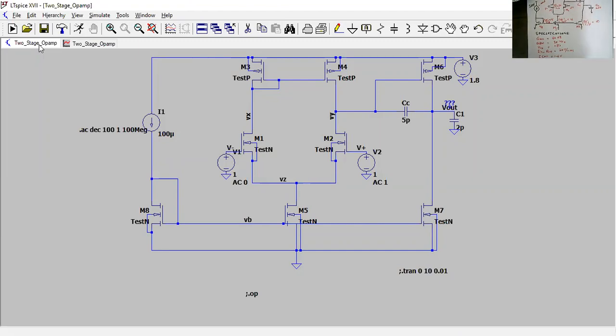If you start from random, just placing the circuit and trying to plug in any values of transistor width and length, you might be able to reach the required specification, but it will be hit and try. It is not going to be an easy task. The point of doing the hand calculation is that it gives us a very good starting point.